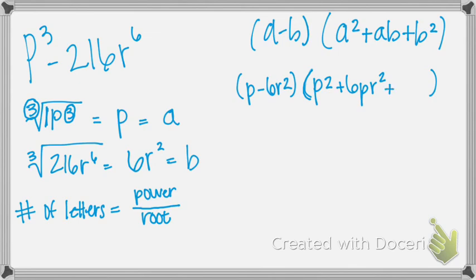All right, the B squared. My B is already 6r squared. But if I square that again, it's going to give me 36r to the 4.